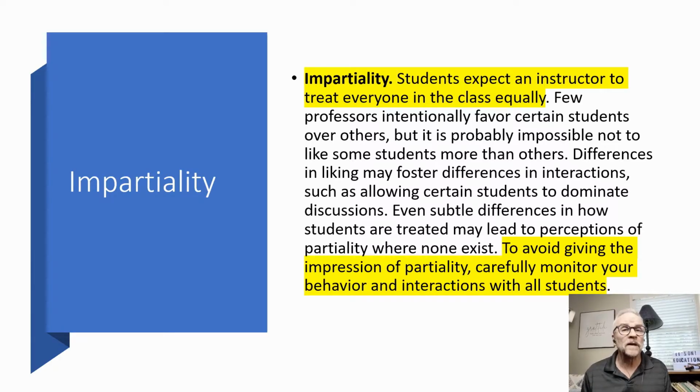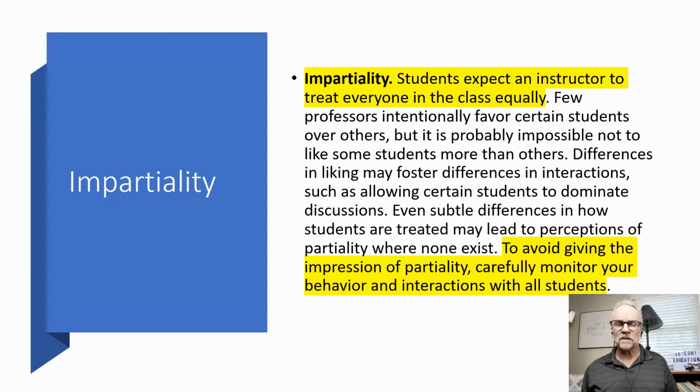I've taught for 20 years, and there are just some students that you tend to get along with a little bit better than others. And maybe those students meet your personality quirks and kind of are like you. We tend to like people that are like us.